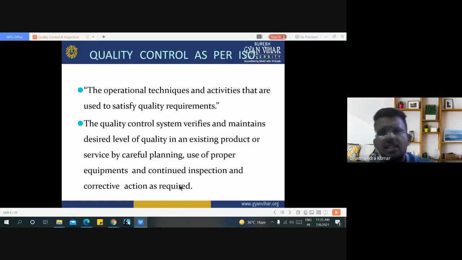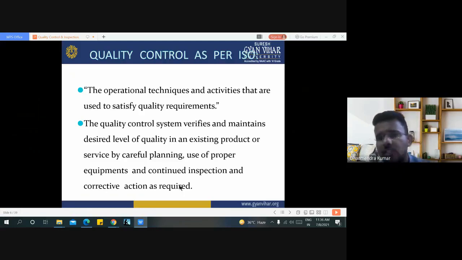It verifies and maintains the level of quality for products regularly in the production line, or a service we are providing to any customer, and it ensures the usage of proper equipment, proper methods, and proper charts for continuous inspection.